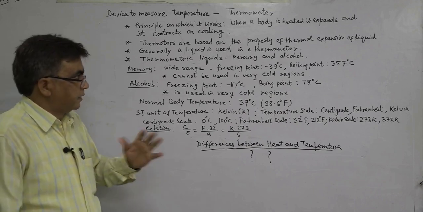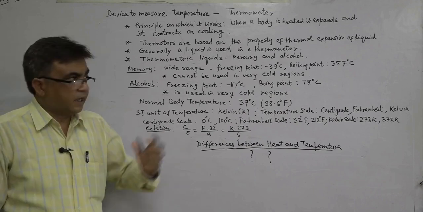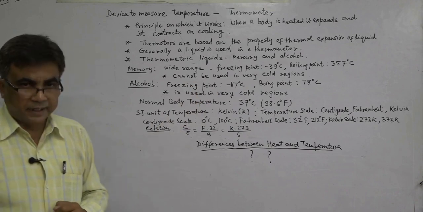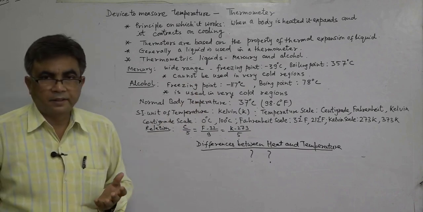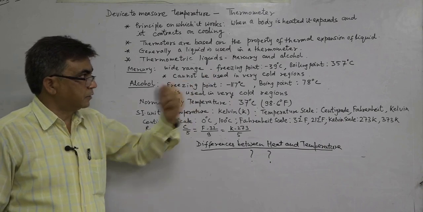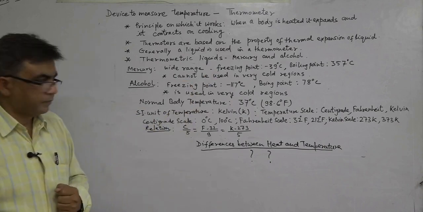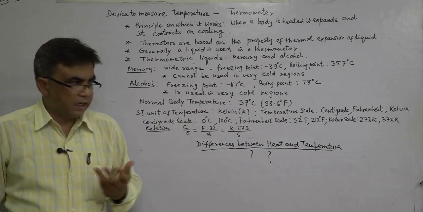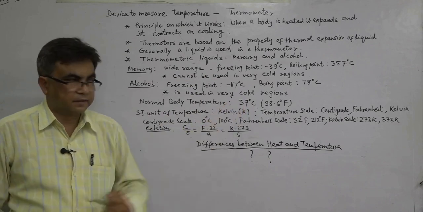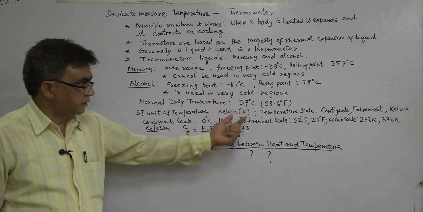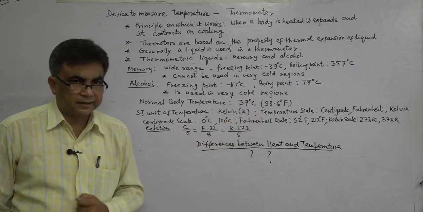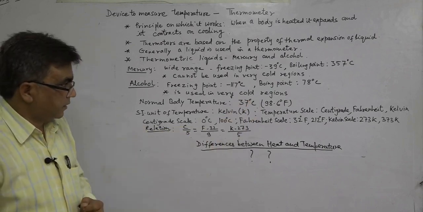That's why generally we get two types of liquid thermometers, the mercury liquid thermometer as well as the alcohol liquid thermometer. And we all know our body temperature is around 37 degrees centigrade. In Fahrenheit it comes to 98.6 degrees.